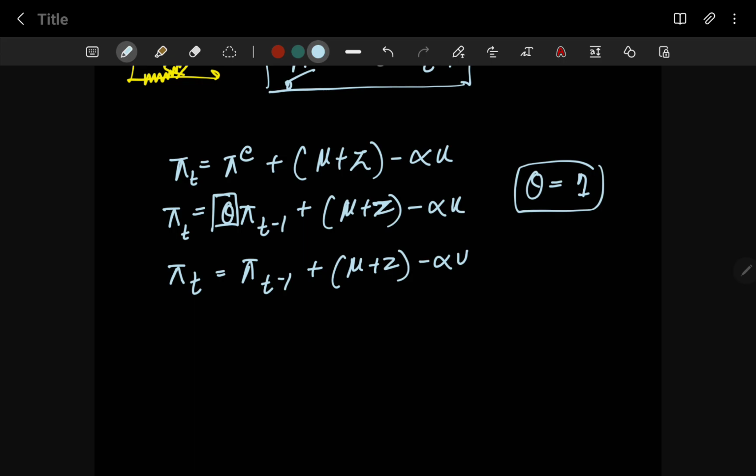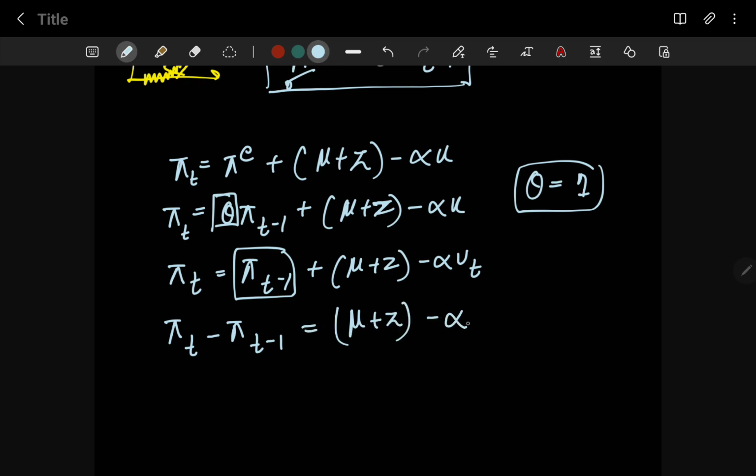Now if we bring this over to our left hand side, we may get the next form.